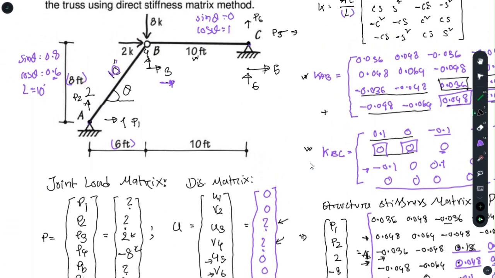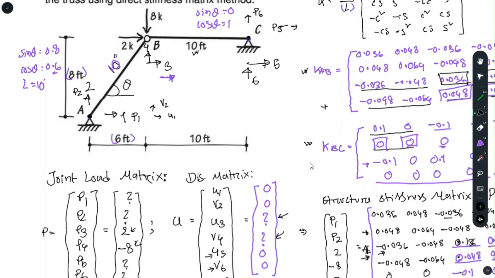For AB, you have a displacement at A. It can go horizontally, it can go vertically. So the displacement right over here is U1, V2, and at point B you have displacements of U3 and V4.